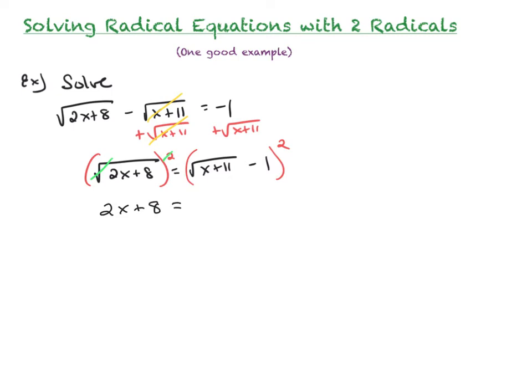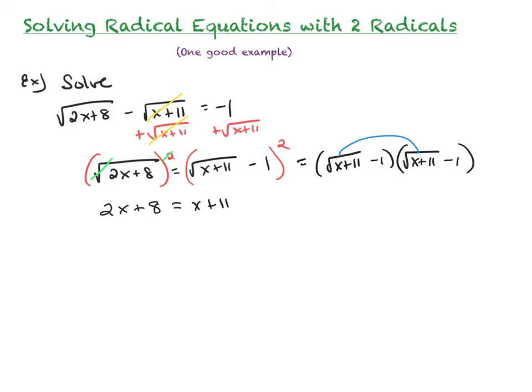That's lovely. Unfortunately, on the right-hand side, we have the square root of x plus 11 minus 1, multiplied by the same thing. And this needs some sort of multiplication. I call it FOIL. So if we're going to distribute all this out, square root of x plus 11 times itself, that's just going to be x plus 11.